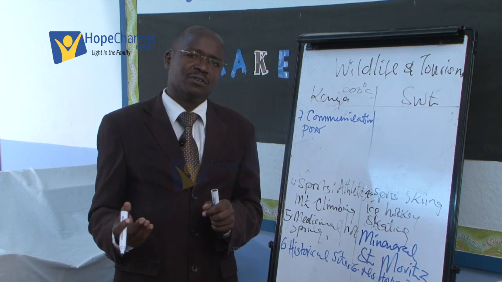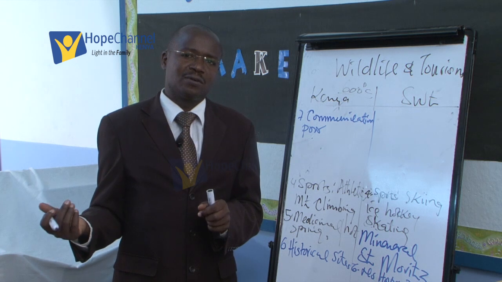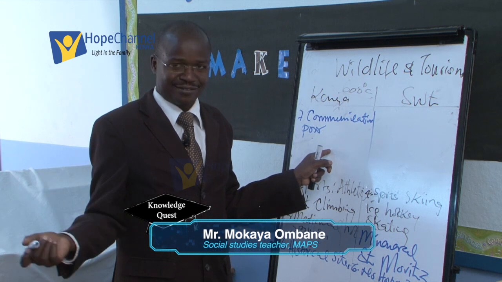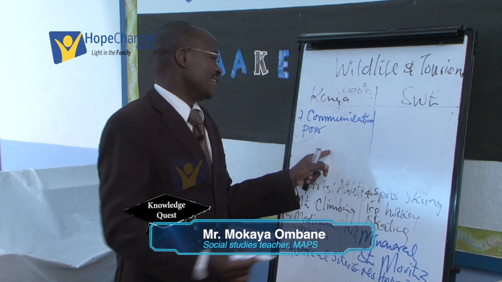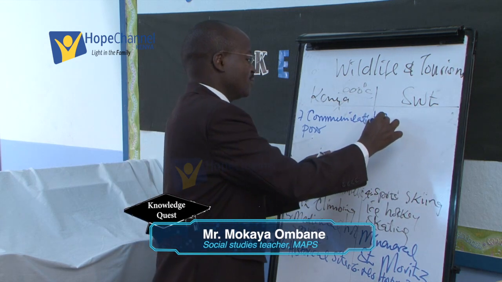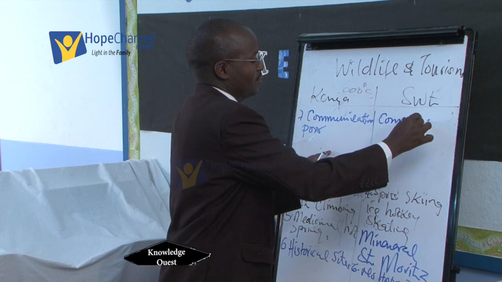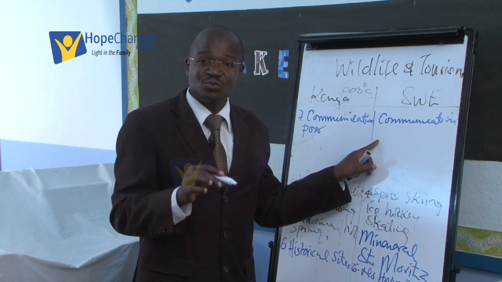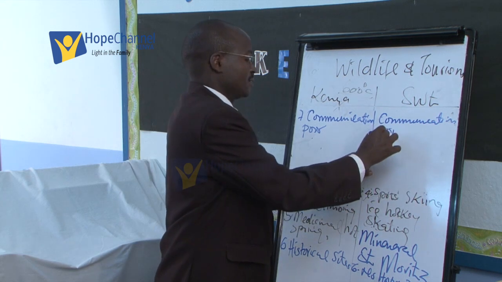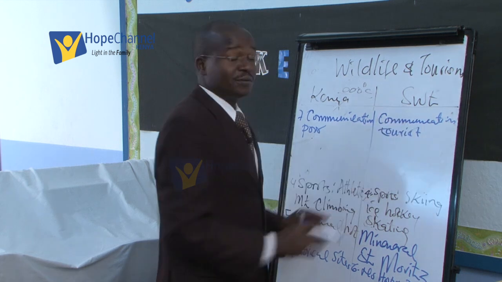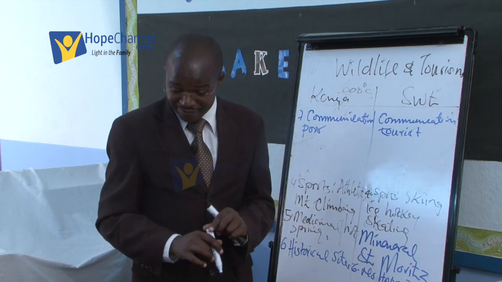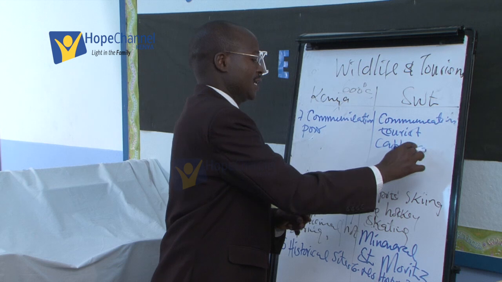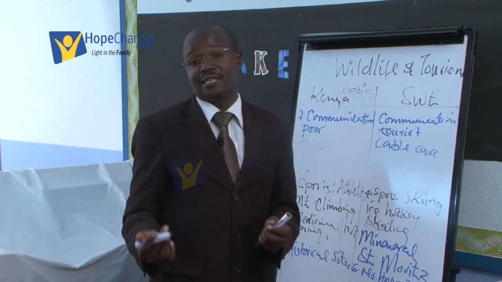The best example is the Thika Superhighway. But in Switzerland, communication is well developed, and this attracts tourists. We even have cable cars, and people normally go there to learn and all that.